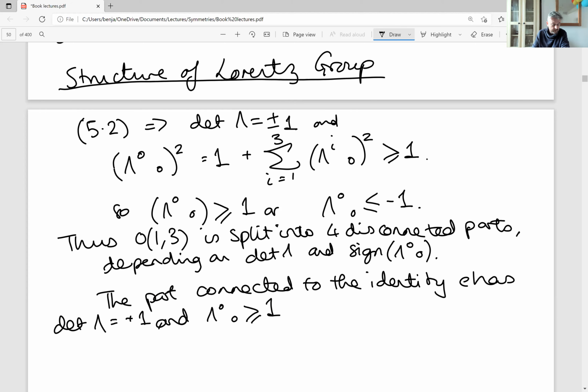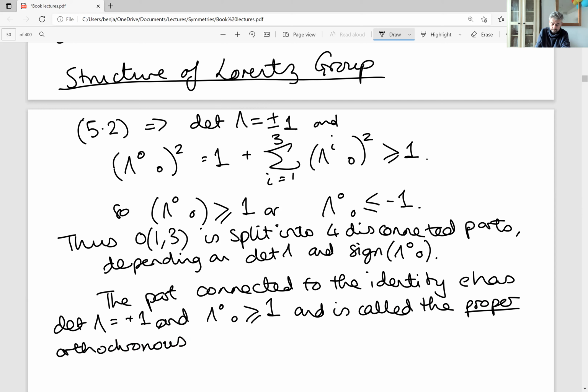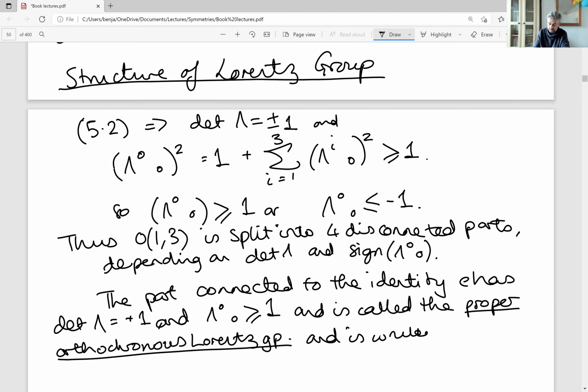This part's called the proper orthochronous Lorentz group, and it's written with an up arrow.